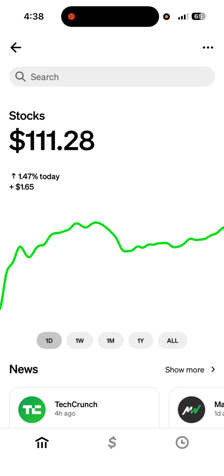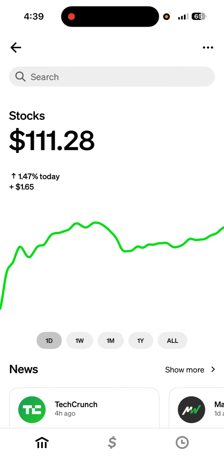So the investing platform that I'm going to show and demonstrate on how to invest is Cash App. I also use Cash App. I use Cash App to send and receive money, to save. And Cash App also has an investing platform that you can use as well. And I personally like Cash App because it's user friendly.